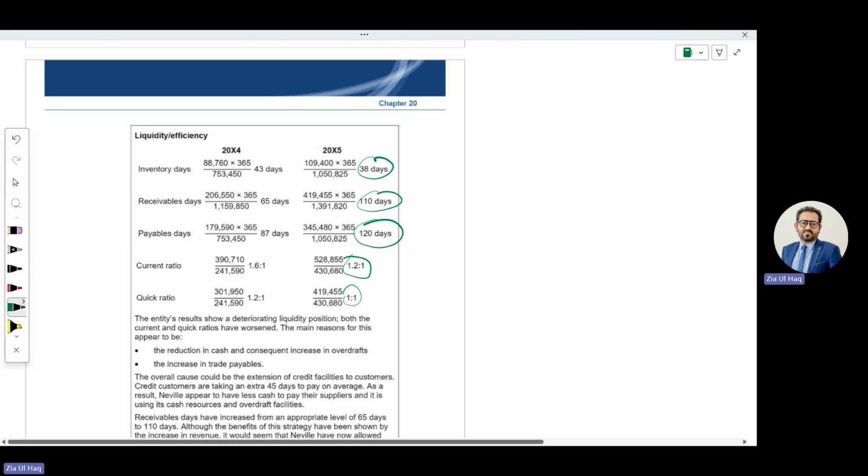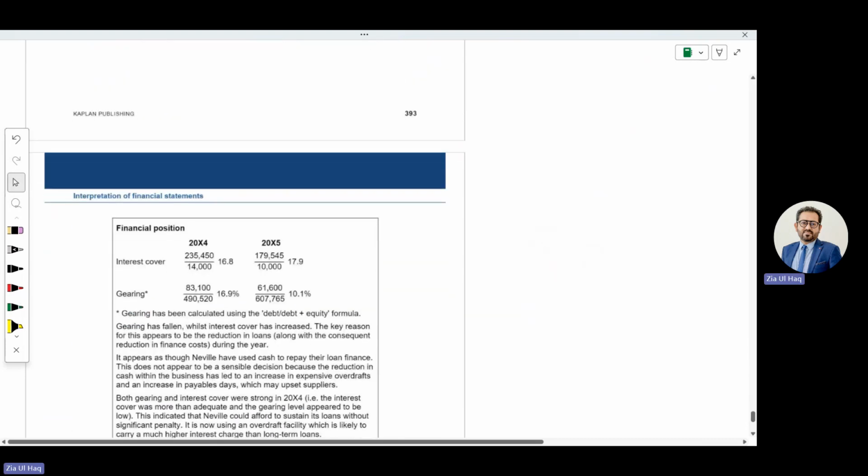Though above 1 is better, as compared to the previous year it has reduced. For financial position ratios, interest cover improved from 16.8 to 17.9, meaning the company can pay more interest installments from the given profit. Gearing has also decreased, meaning the company is becoming less risky and more stable, which will help to attract new investors.